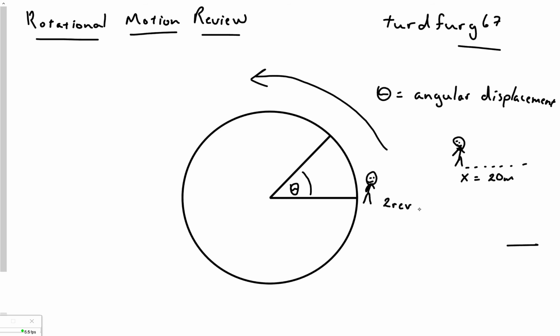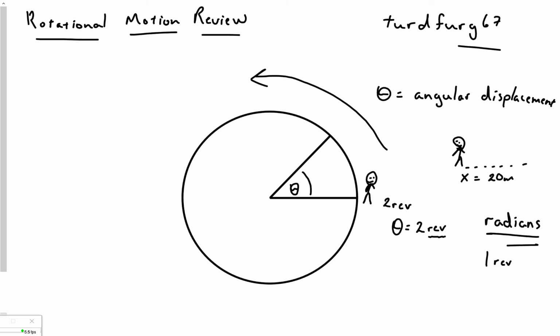It's trying to tell us that they have an angular displacement of 2 revolutions. And you're like, Mr. Cole, I got this. This is easy. Well, there's just one thing to keep in mind: none of the problems in this chapter will work with revolutions. We have to have all our angles, our angular displacement, in units of radians, which you've learned in your math class before.